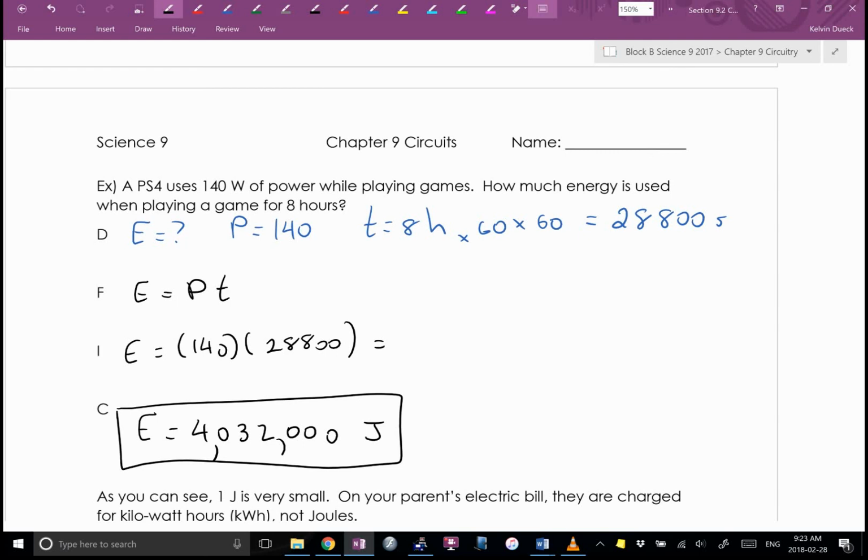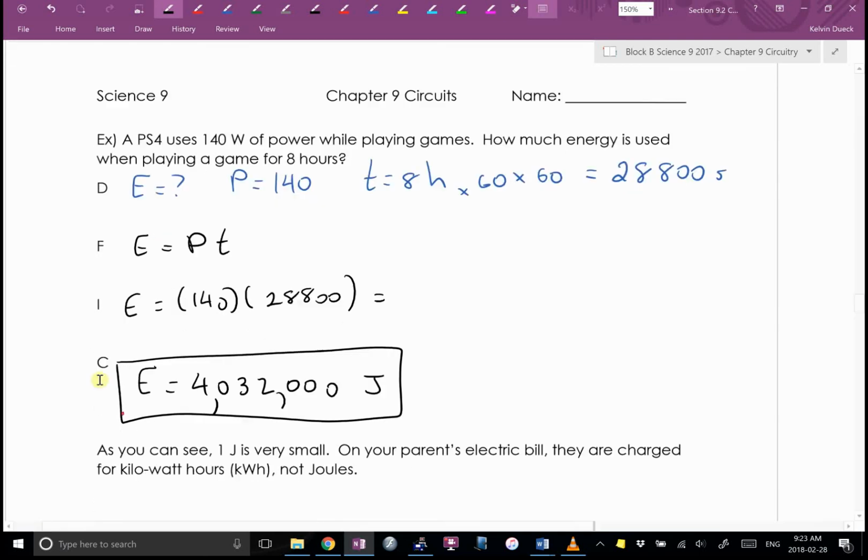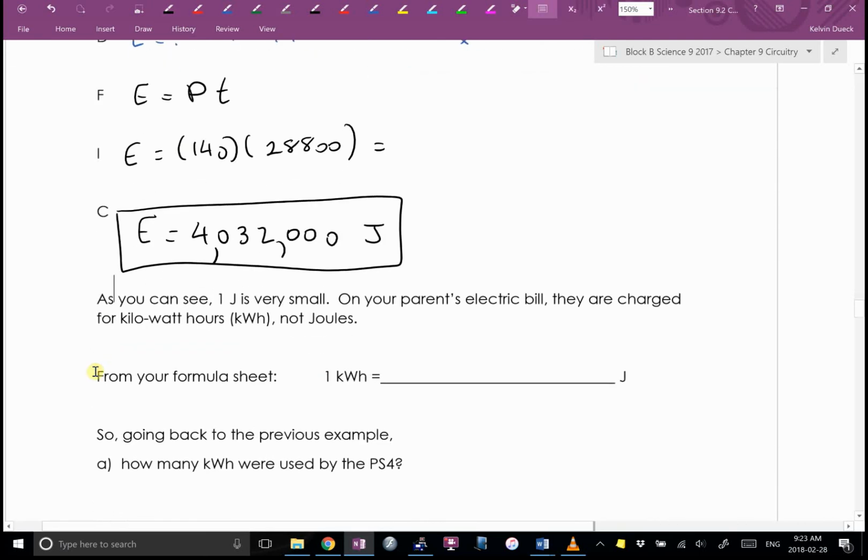Kilowatt hours is energy. So if you ever get an electrical bill, they'll give you the energy you used in kilowatt hours. One of the questions I am going to ask you to do on your test is to convert joules to kilowatt hours from your formula sheet. 1 kilowatt hour is what? A 3, a 6, and how many zeros?